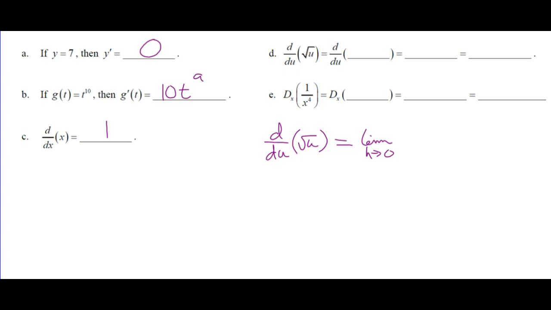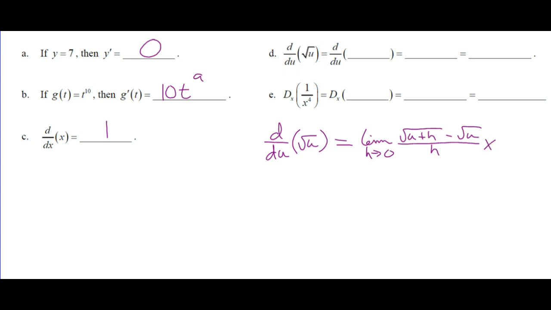It's not important you write this out, but you might want to. So it's the limit of what? Well, it's going to be root u plus h minus root u over h, right? Because the function definition is the square root of the input.